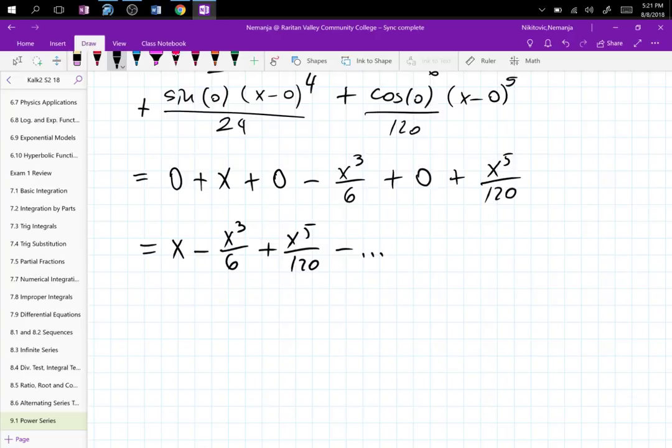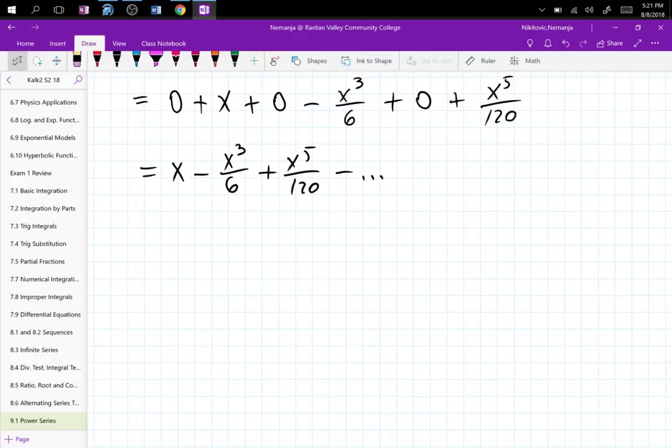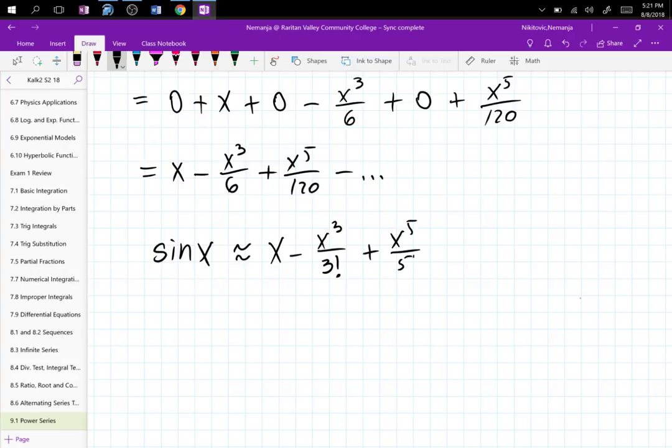What is this? This is a polynomial that is going to mimic the sine function. Ooh, this is really good stuff. So sine x is going to be approximated by x minus x cubed over 3 factorial plus x to the 5 over 5 factorial minus x to the 7 over 7 factorial plus x to the 9 over 9 factorial minus dot dot dot.